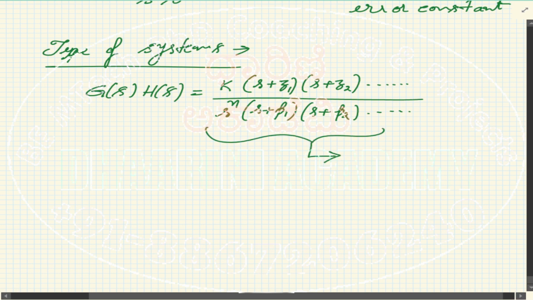This kind of representation of a transfer function is called the pole zero format.